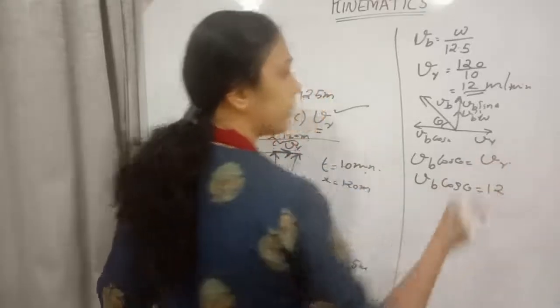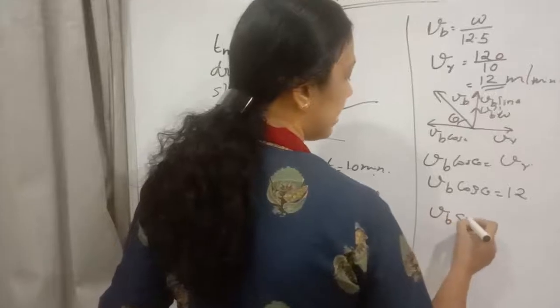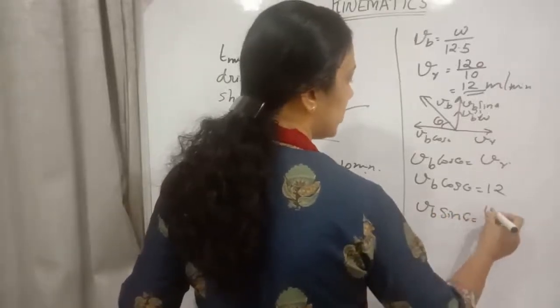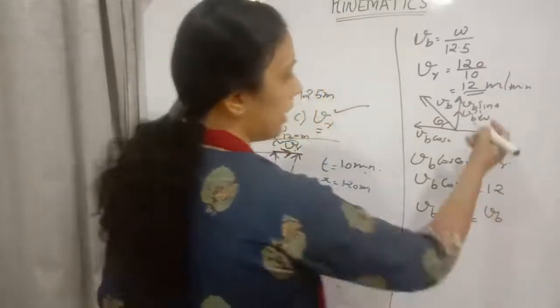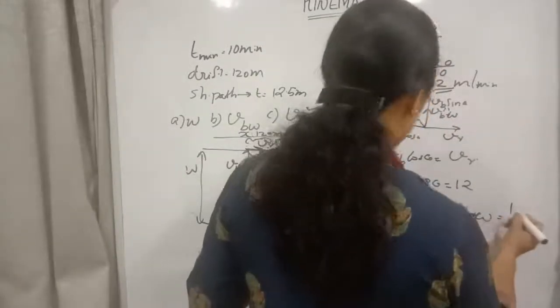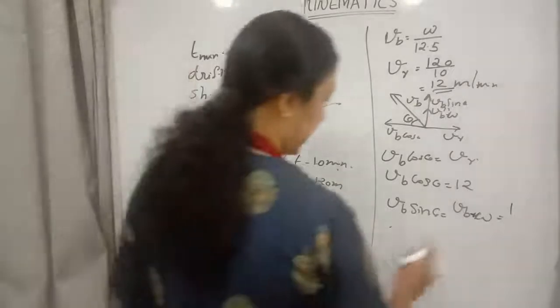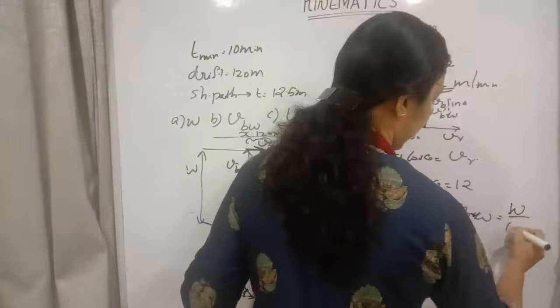Next, what about VB sin theta? VB sin theta equals the velocity of the boat with respect to the river, which we got as W divided by 12.5, right?